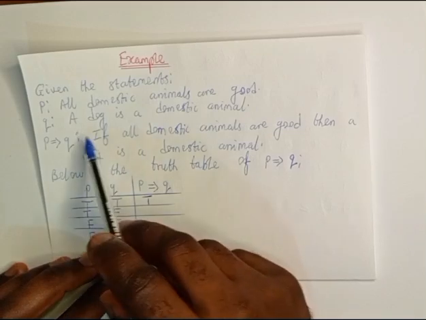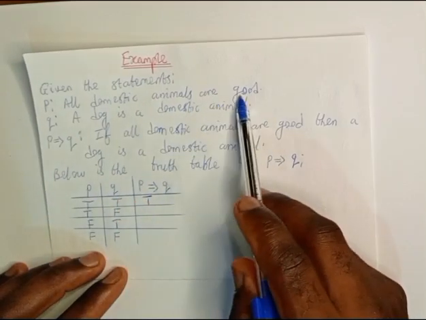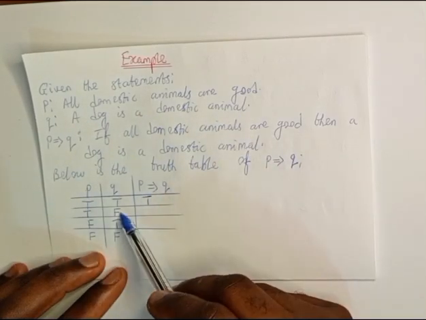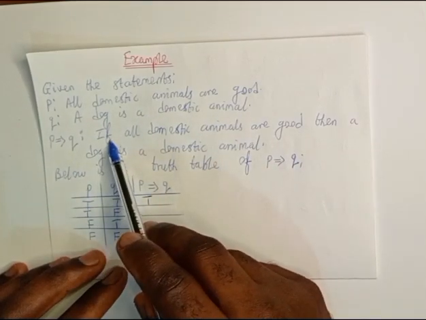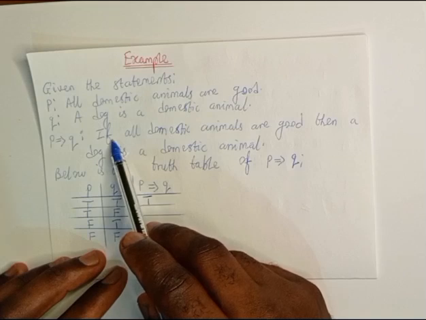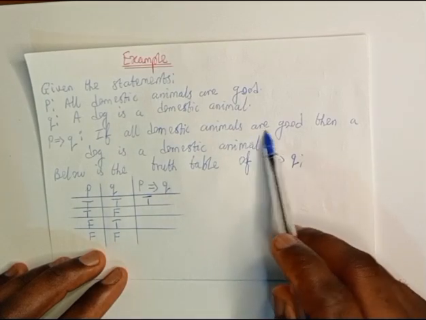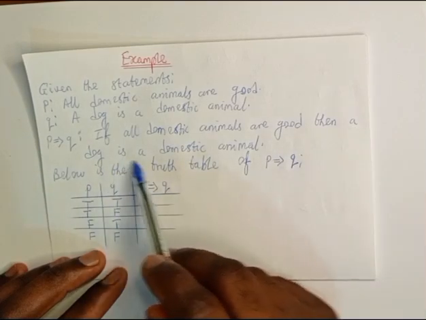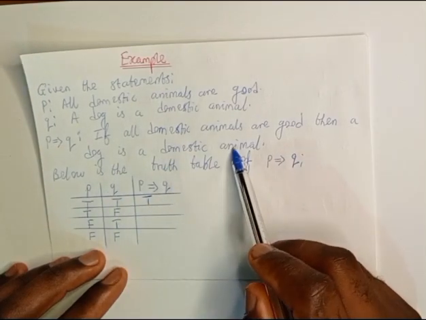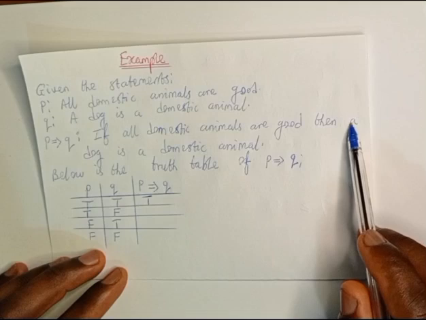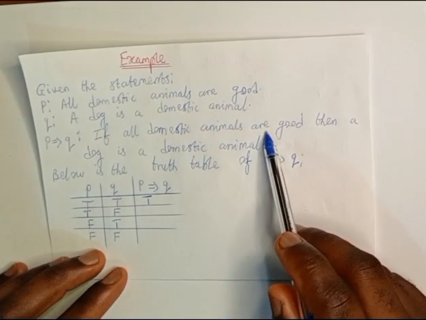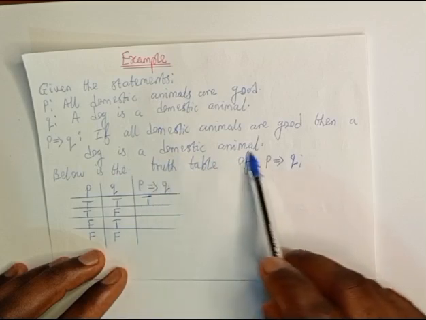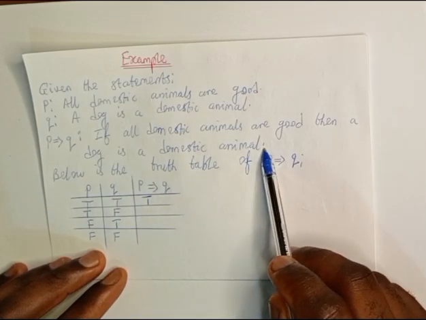Next, all domestic animals are good is true. A dog is a domestic animal is false. The implication, if all domestic animals are good, then a dog is a domestic animal: the hypothesis is true, but the conclusion is false.